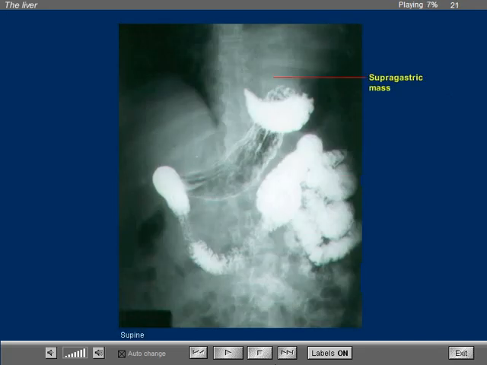The supine examination of the stomach confirmed the presence of a supragastric mass, and this image was again considered to be very suggestive of inversion of the left dome of the diaphragm, probably due to a pleural effusion or a supradiaphragmatic mass.